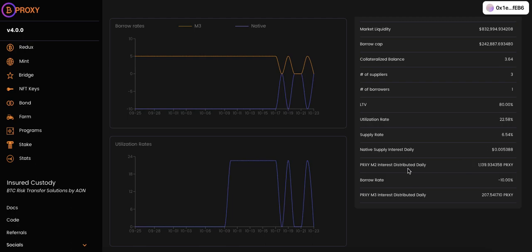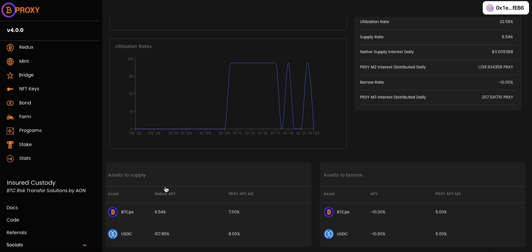And so if some of the suppliers wish to get paid in M2 and don't get paid in daily native interest, the native interest receivers will actually receive their portion and boost the native interest rate. The borrowing rate is 10%, and for those that have borrowed, they are rewarded in proxy tokens in a daily figure that's shown here.